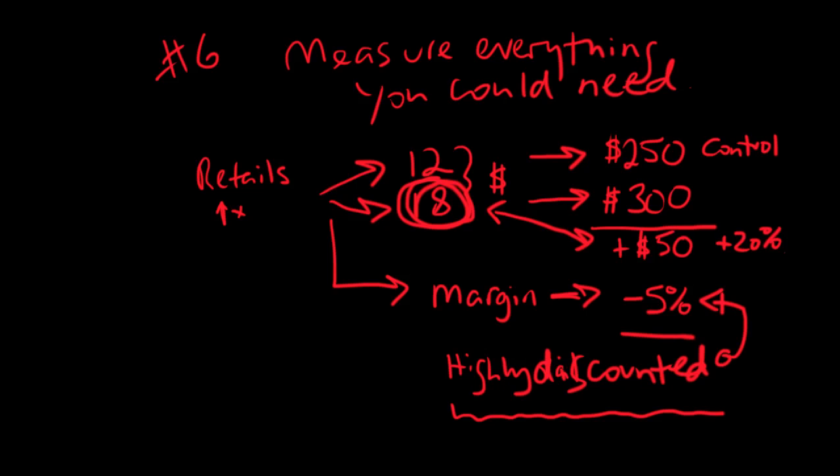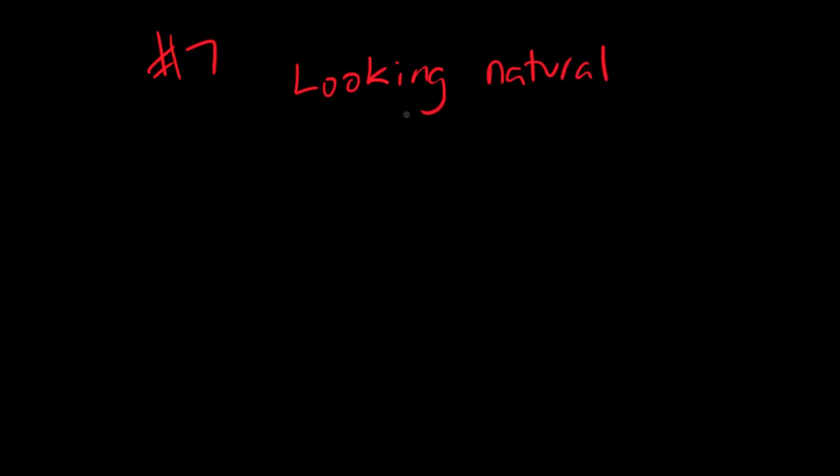Rule number 7, which is our final rule, involves looking for natural experiments, i.e. ones that occur without you really having to do anything.